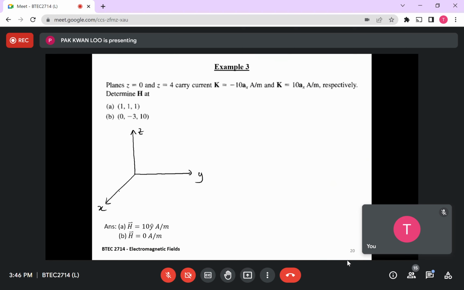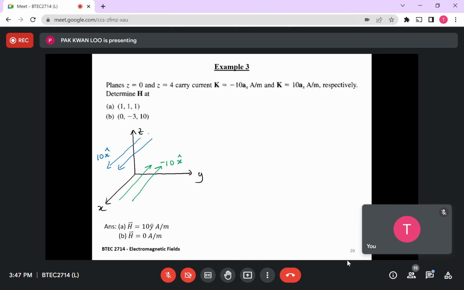So one is on the xy plane at the z equals 0 plane. The current direction is in the negative x direction with the magnitude of -10 x cap. And another one, which is above it at the z equals 4 plane, is pointing 10 x cap.